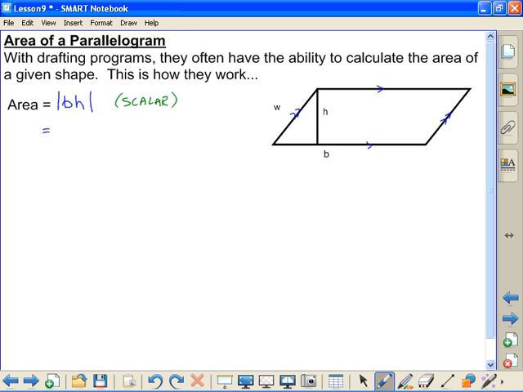So the base. Well, I've got the vectors labeled as B, W, and H. So the base here is the vector B. So we want to know the magnitude of vector B. The height right here is the height of the y component for the W vector.